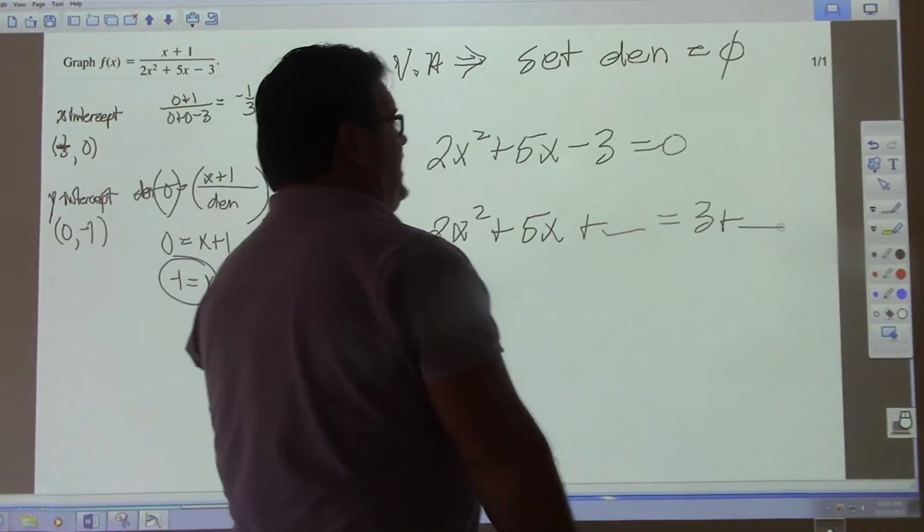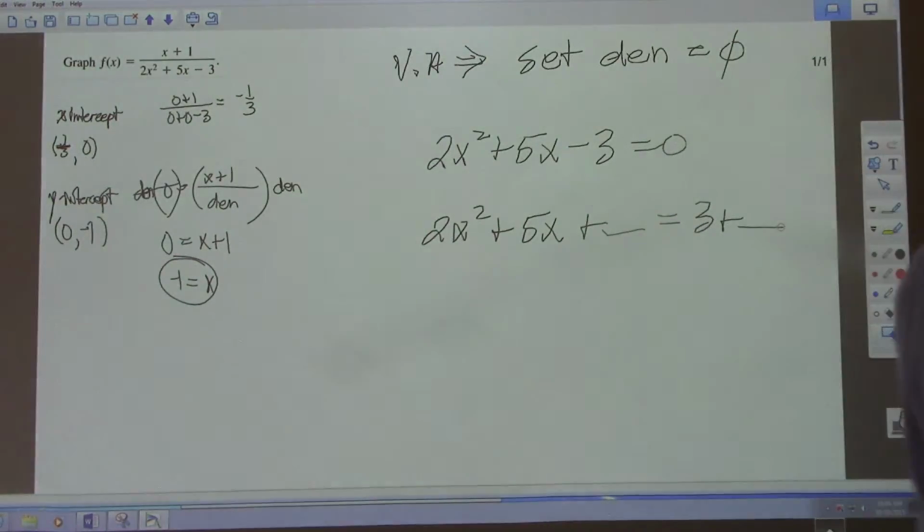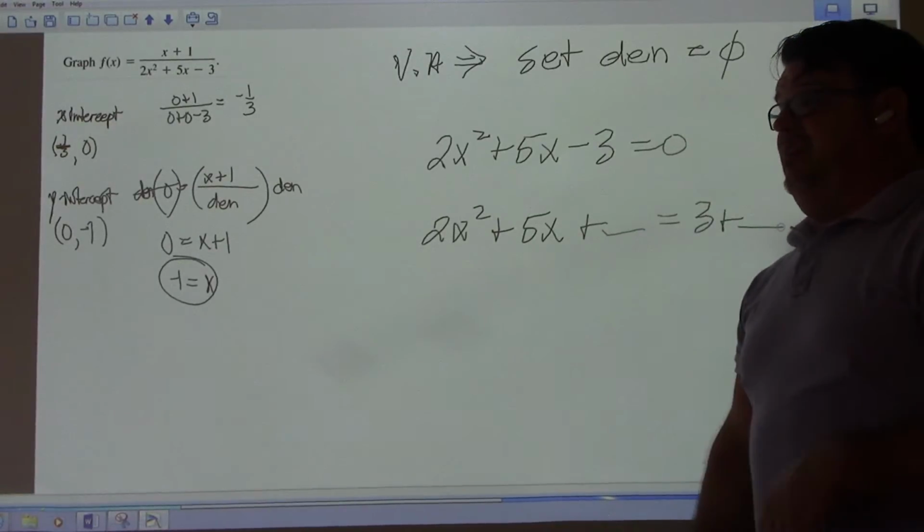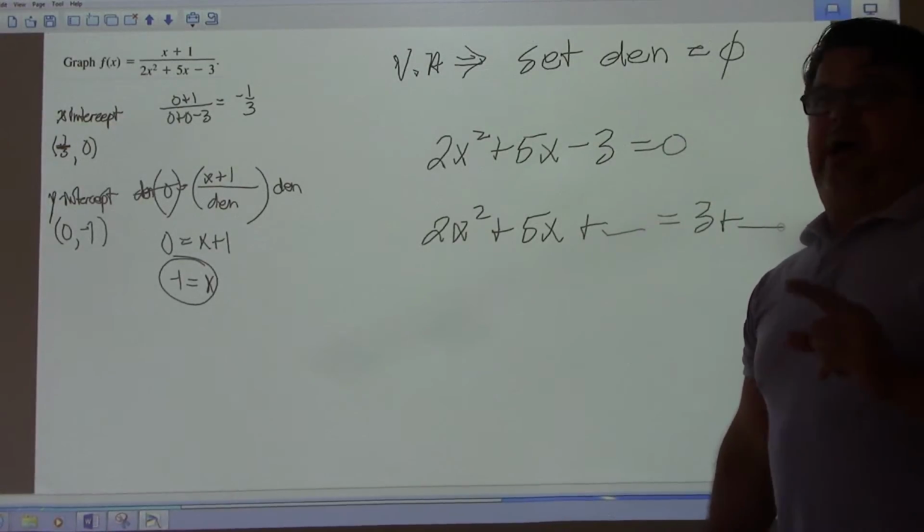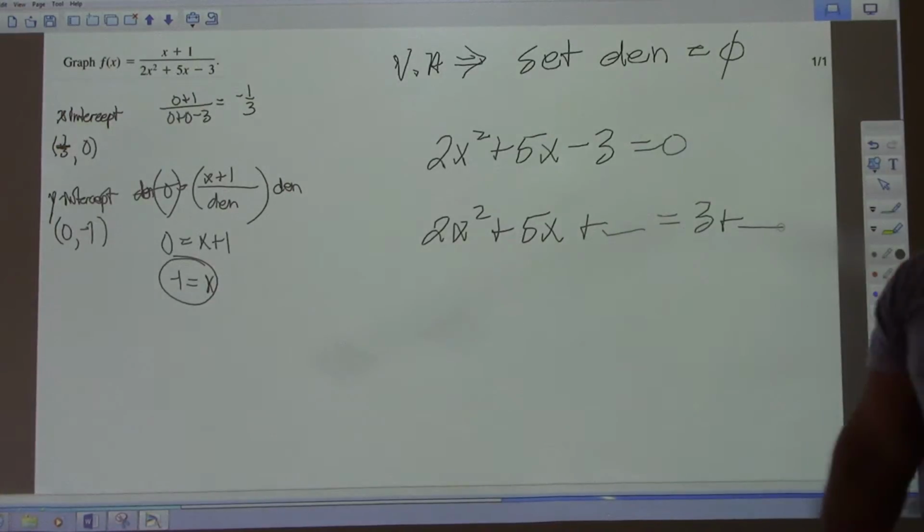A lot of you saying, why are you using completing the square? We're done with that. You're not. If you're going to Calc 1, you're not done with it. So every time you get a chance to use it, you better use it. Because if you're one of these people, oh, I'm just going to factor it, well, then don't cry when you flunk the first test in Calc 1.